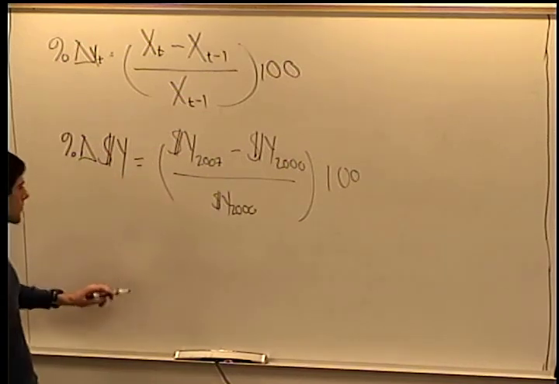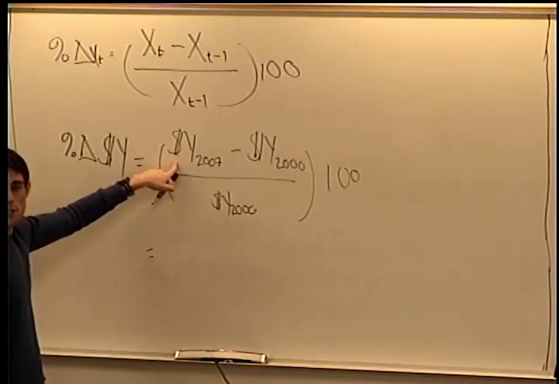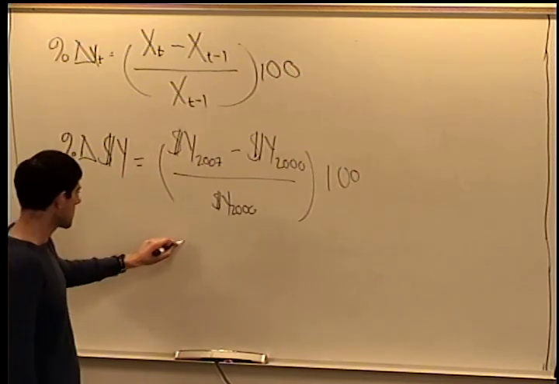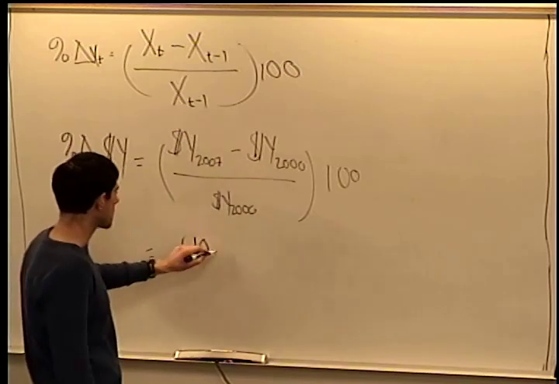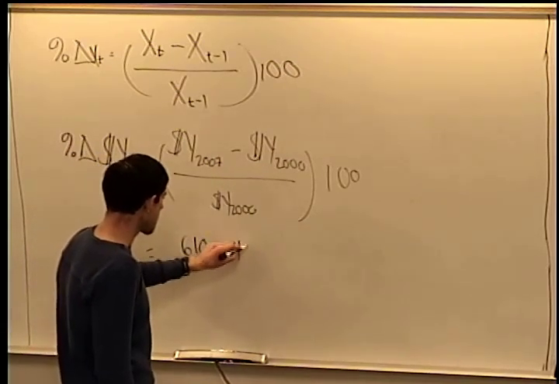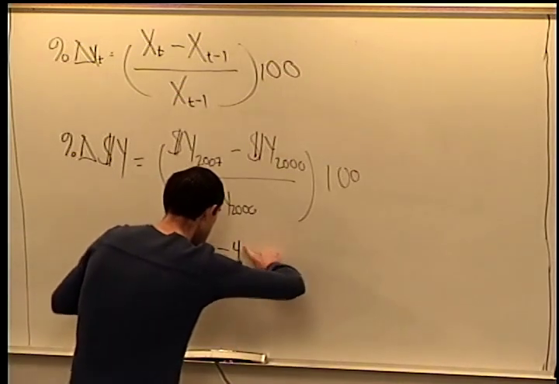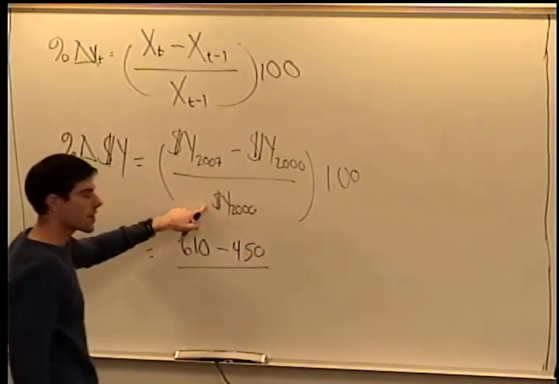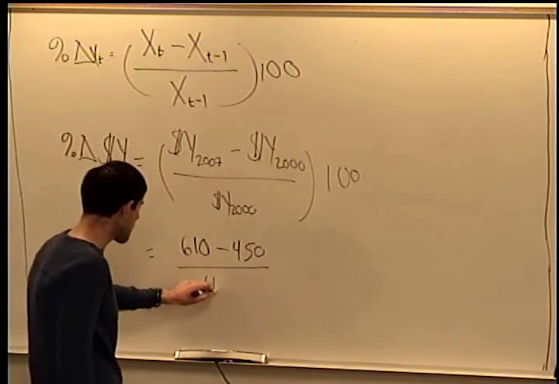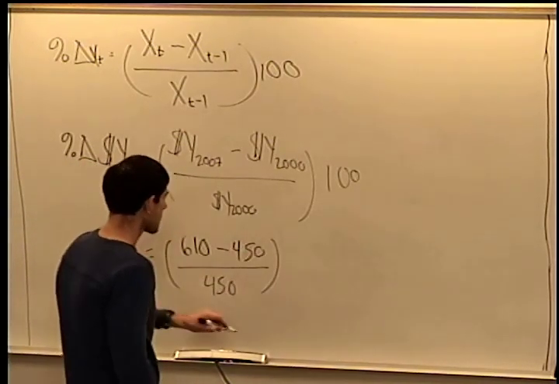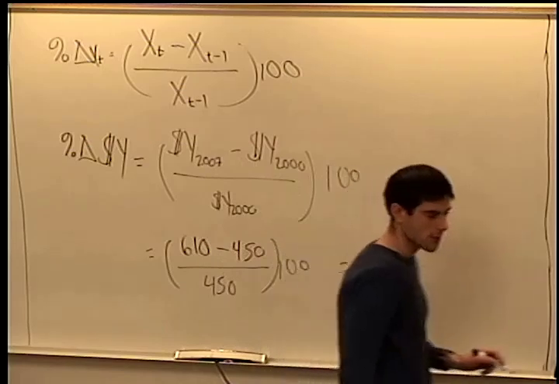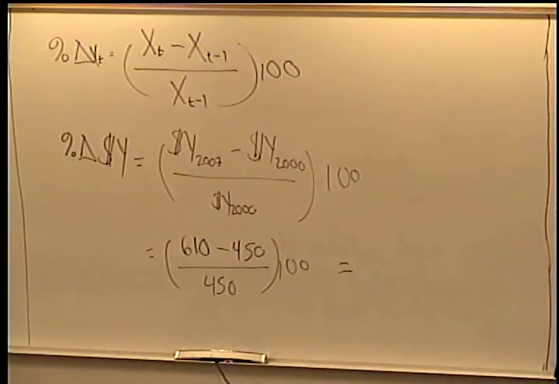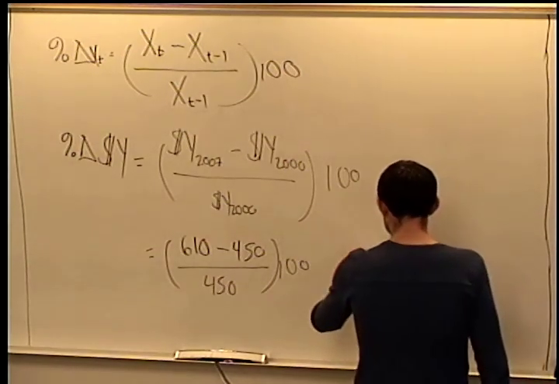So now let's plug in our values. Nominal GDP in 2007 was 610. Nominal GDP in 2000 was 450. So 610 minus 450 divided by nominal GDP in 2000, which is 450, times 100, and that should come out to 33%.